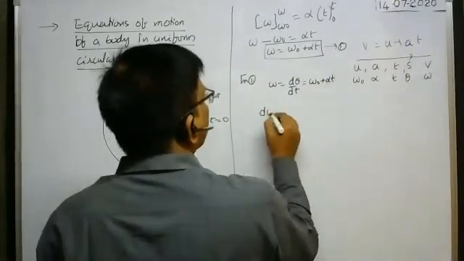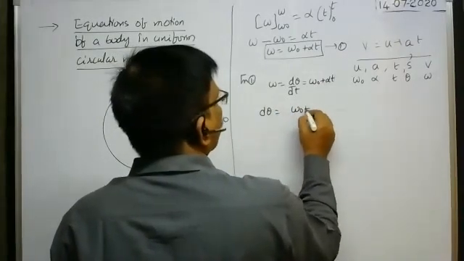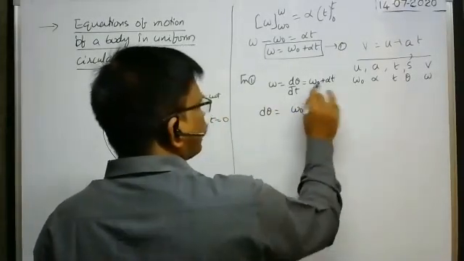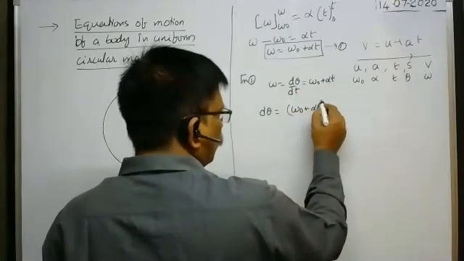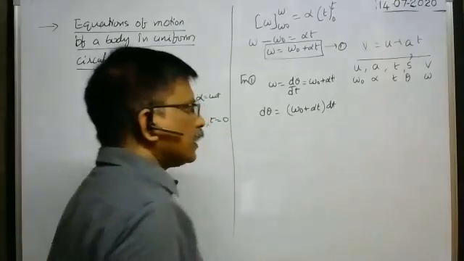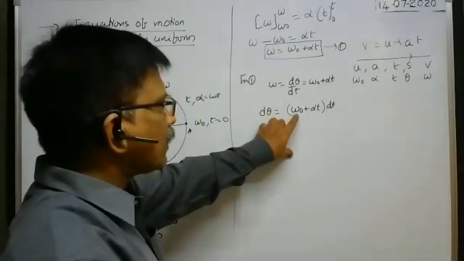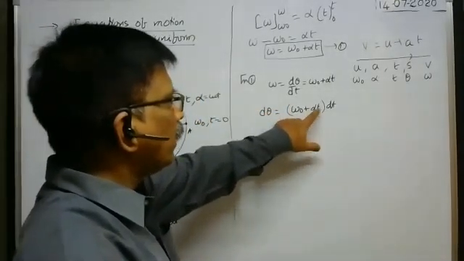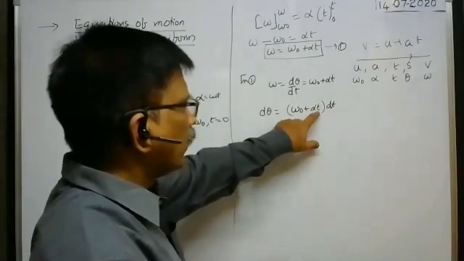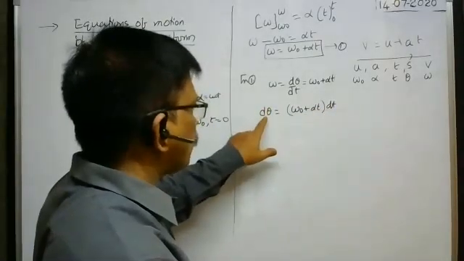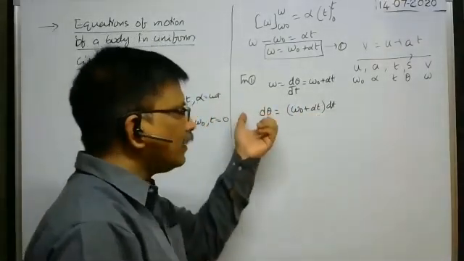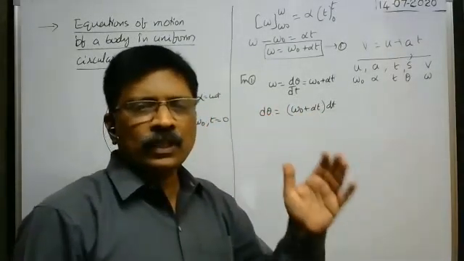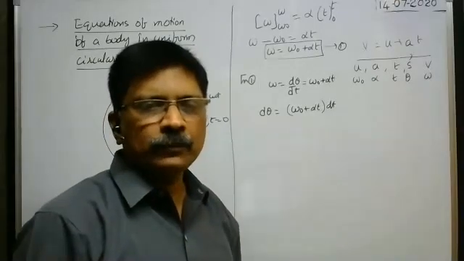Therefore d theta is equal to omega naught plus alpha t into dt. Here initial angular velocity remains constant, alpha is constant, only the variable is t. In a time dt seconds, this is the angular displacement d theta. In a time t seconds, what is the angular displacement? So from this d theta, we have to find the total angular displacement theta. How can we find it?